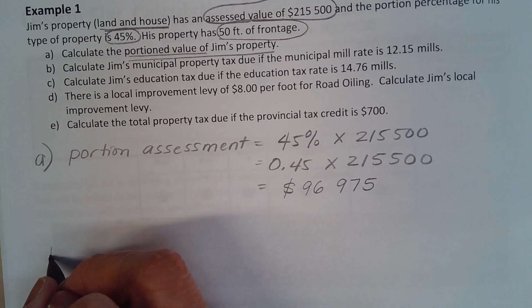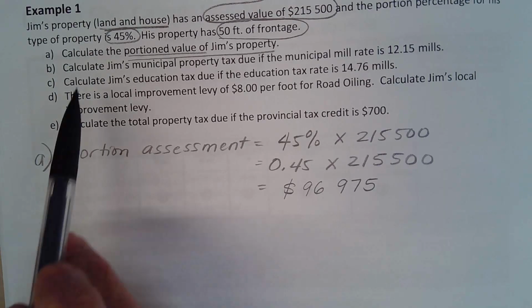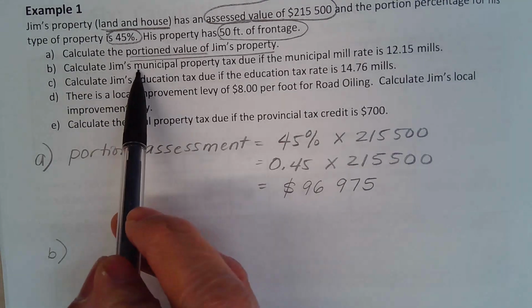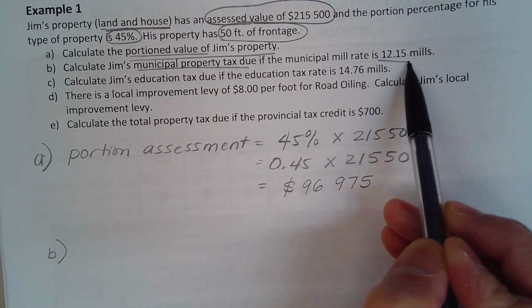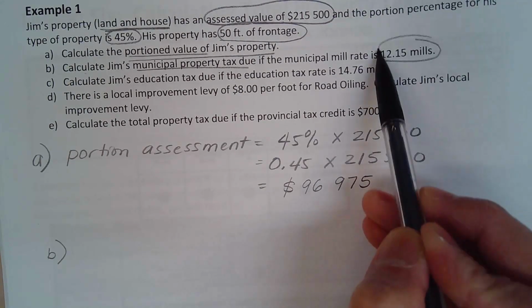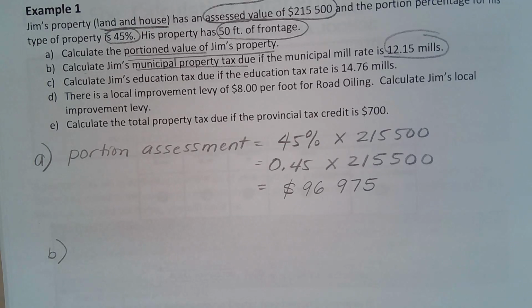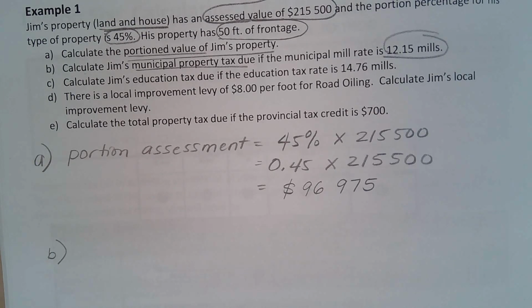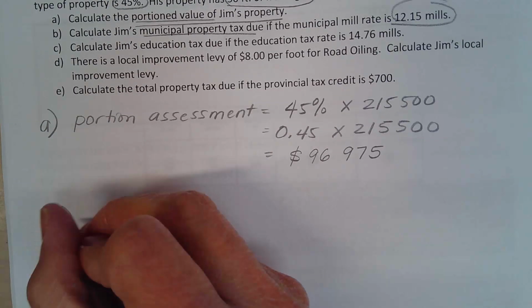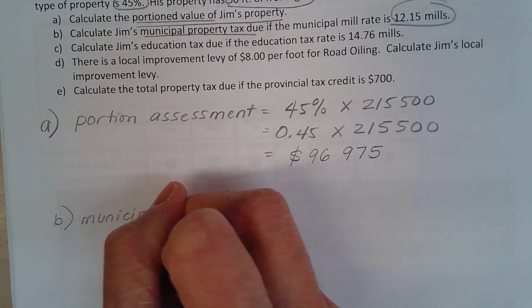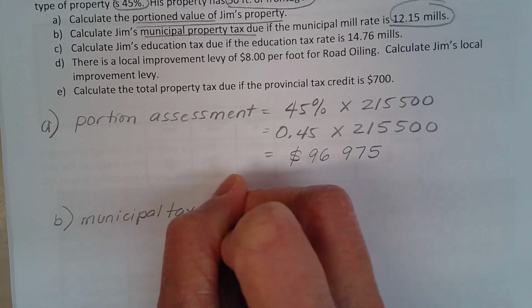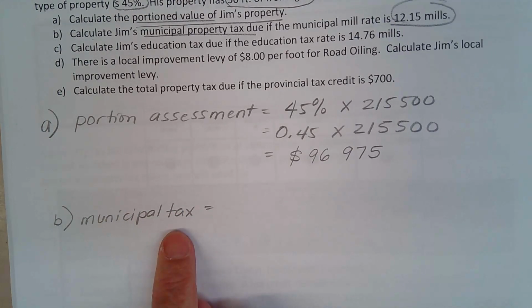Now let's take a look at letter B. Calculate Jim's municipal property tax due if the mill rate is 12.15 mills. So municipal tax. How do you calculate municipal tax?